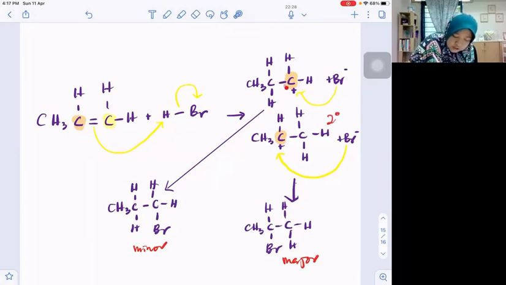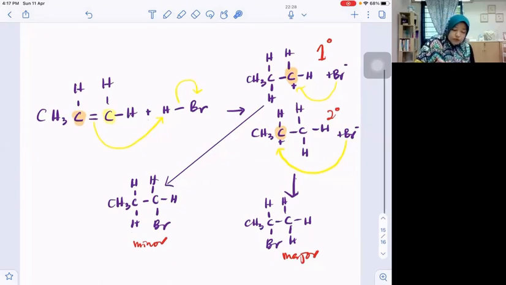When we look at this carbocation, it only has one neighboring carbon attached to it, so it is a primary carbocation. The secondary carbocation is more stable than the primary. When this intermediate is more stable, it means we have more of it produced in the first step. That is why the product will be the major product.